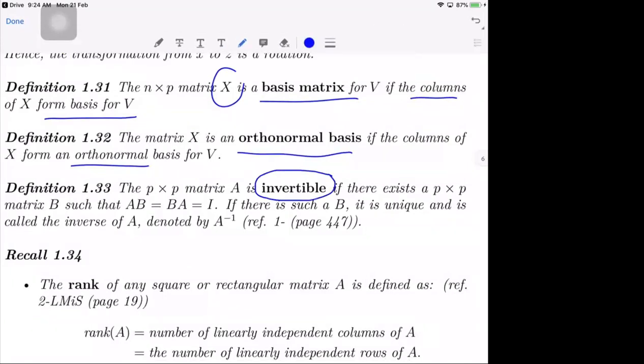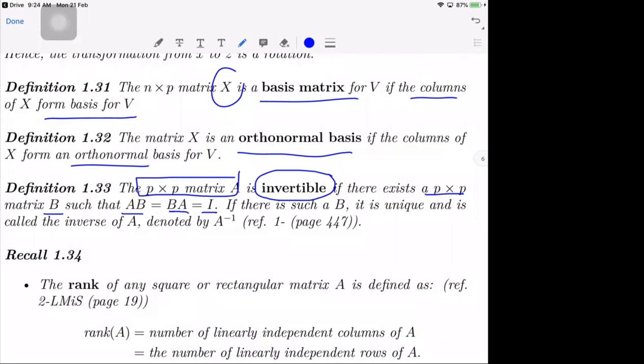Then another term which I always emphasize that you should be familiar with is an invertible matrix. A matrix A is invertible if it is a square matrix, and there exists another square matrix B such that AB is equal to BA, and that is equal to the identity matrix.